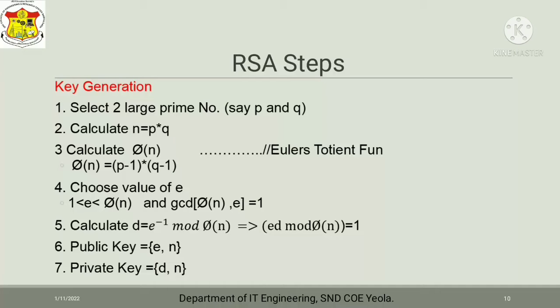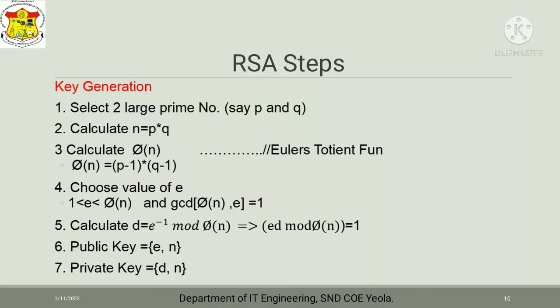So how does this work actually? Here are the steps for key generation. Firstly, select two prime numbers, say 3 and 13, which will be named P and Q, or initialized to 3 and 13.